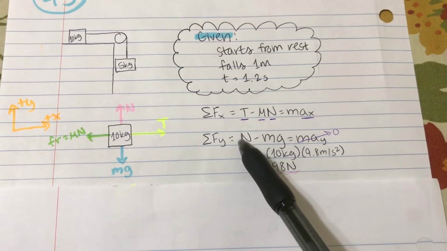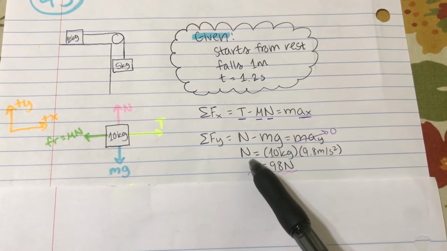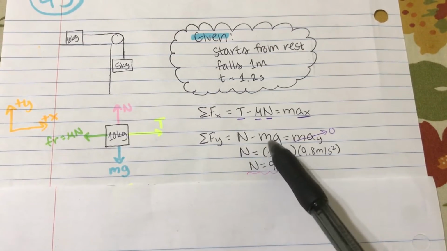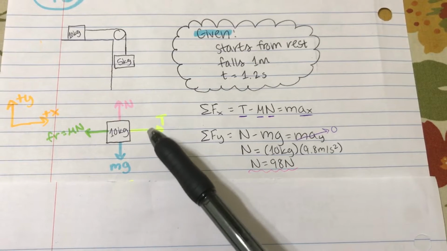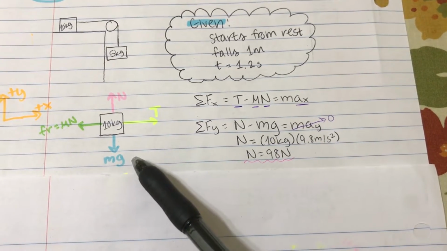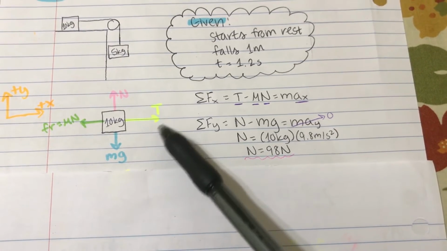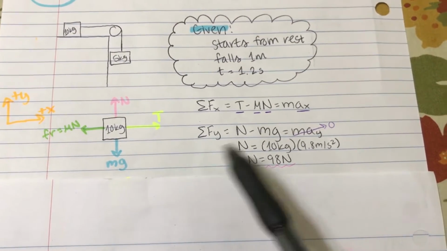So our whole thing is n minus mg equals 0. And when we figure that out, we get n equals mg, which makes sense because if it were any different, the object would be moving up or down, but it's staying stationary, which means there's no motion. So the normal force is equal to mass times gravity.